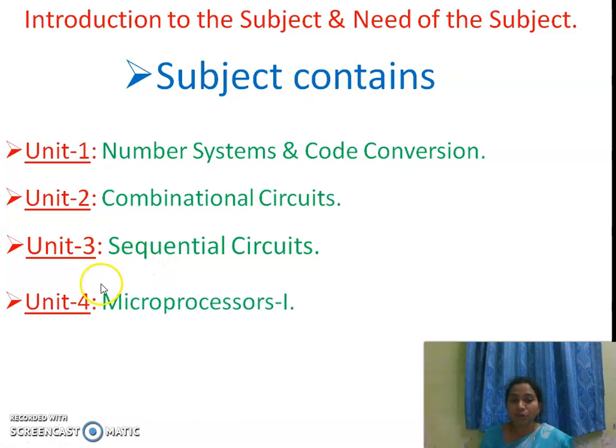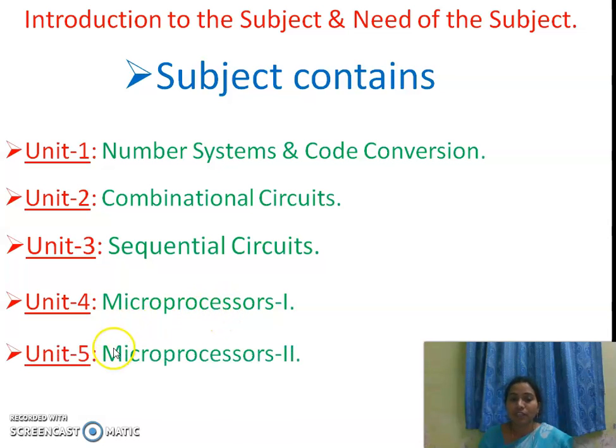Now coming to the fourth unit, microprocessor 1. What is the meaning of a microprocessor? How do we represent the architecture of a microprocessor, flag registers and addressing modes? All these are some of the basic concepts we will learn in microprocessor 1.